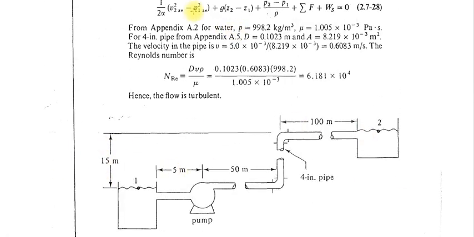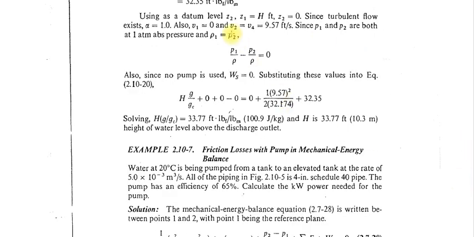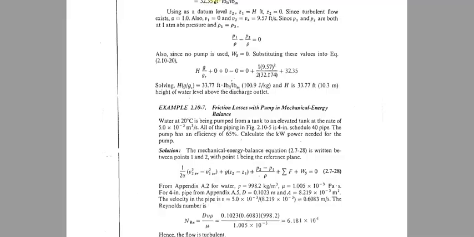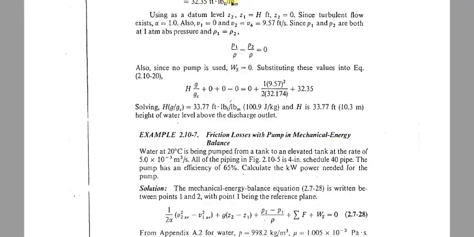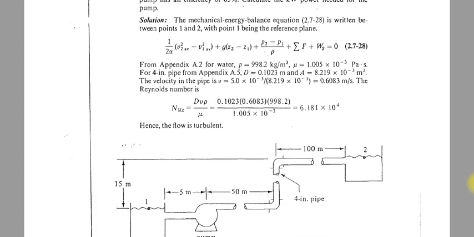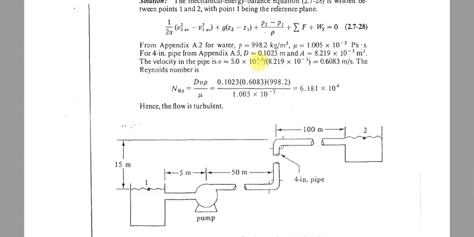So in the original equation, this term v2 square minus v1 square becomes 0, p2 minus p1 becomes 0. Just check this equation. In this equation, v2 square minus v1 square becomes 0, p2 minus p1 becomes 0.